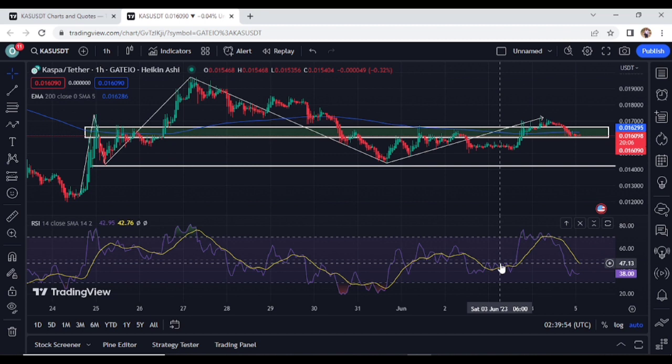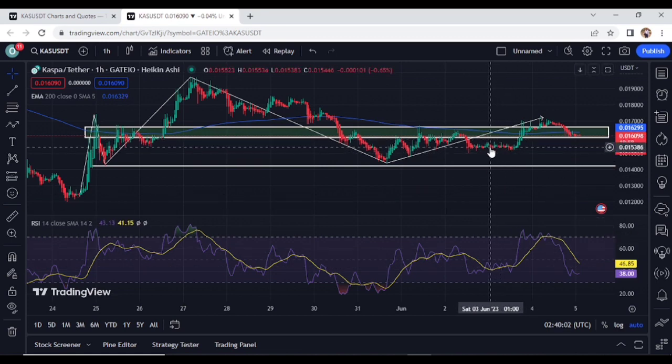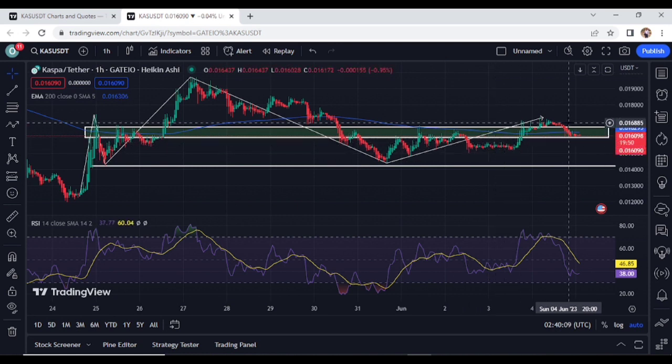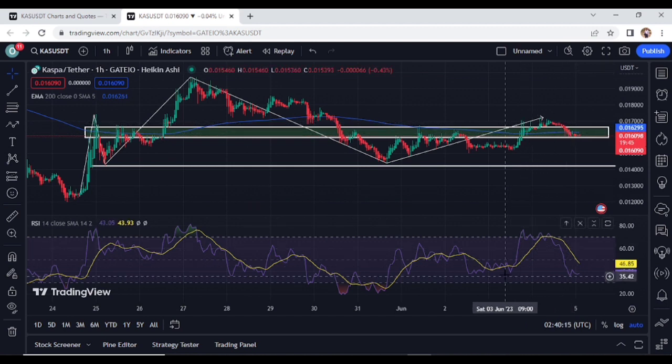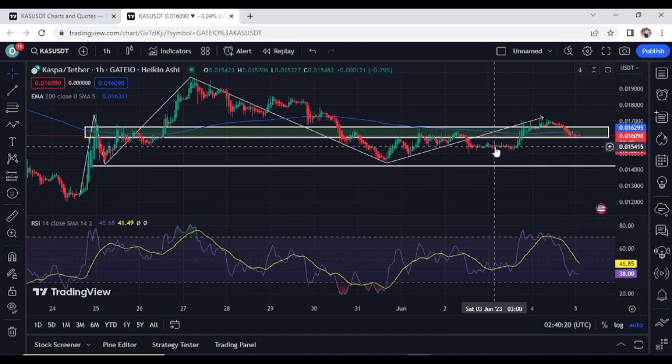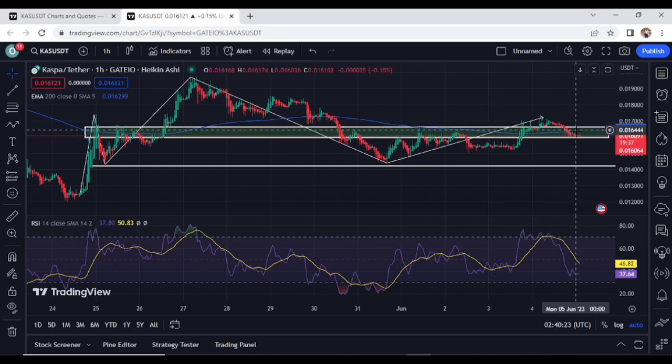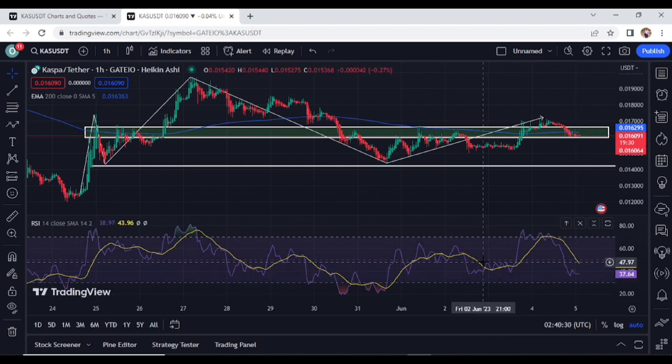Now, when you look at the RSI very carefully, you realize that this particular position is the same with this particular position on the chart of Kaspa coin, but then this position on the chart is lower than this position on the chart. And then when you come to the RSI, despite the fact that this position on the chart is lower than the current position of Kaspa coin, the RSI is showing you that this position is lower than this position.